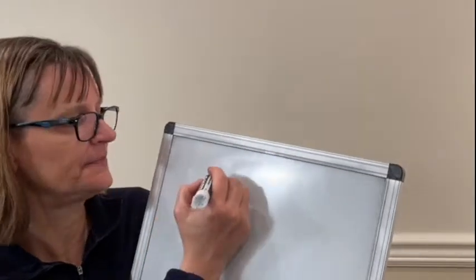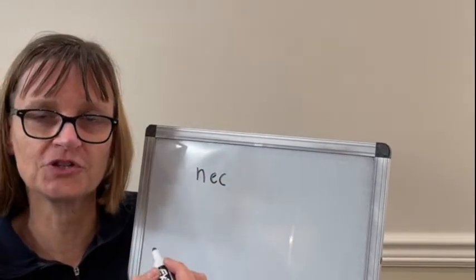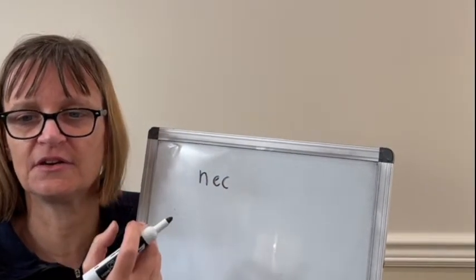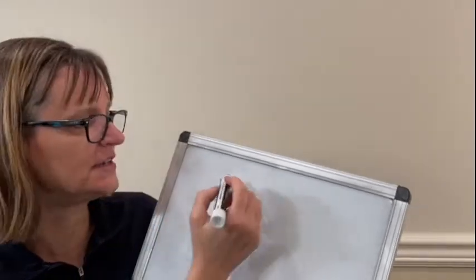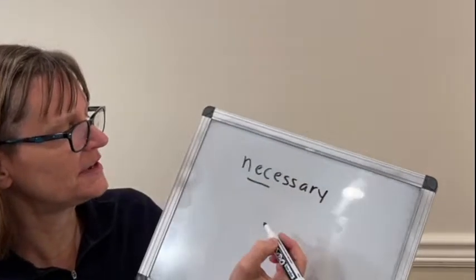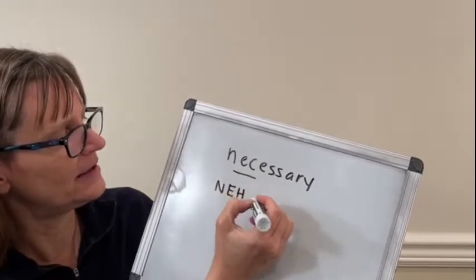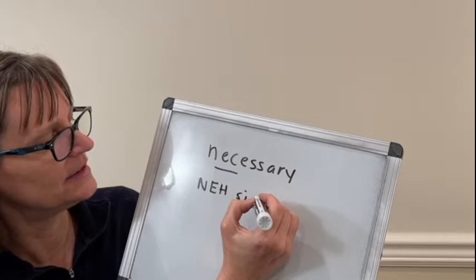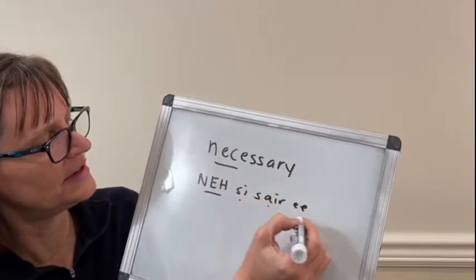Okay, we have a question about necessary, necessarily, and necessity. So the stress changes between necessary and necessarily and necessity. For necessary, we have first syllable stress. It sounds like necessary.